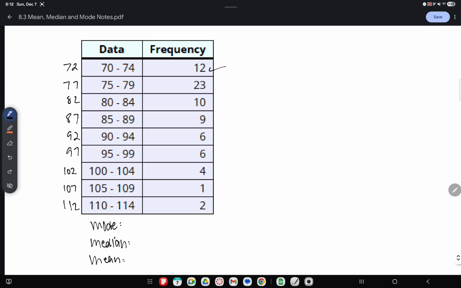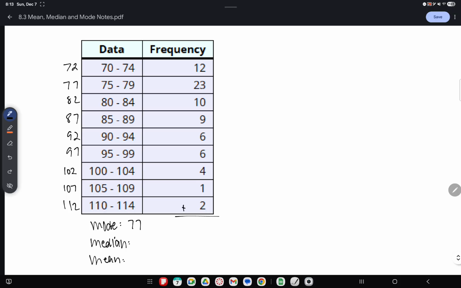All right, so then the mode is the one that occurs the most. So 23. So the mode is 77. The median is that middle number, which again, we can do the quick method. We have to get to the middle. Well, we could do another way. Instead of saying, oh, 12, let me get all the way up to 12, see how many data values there are.